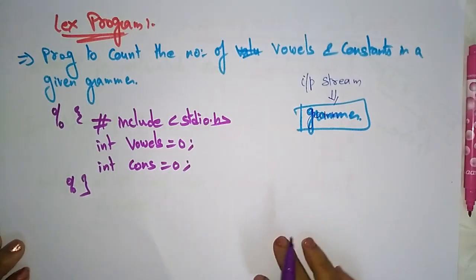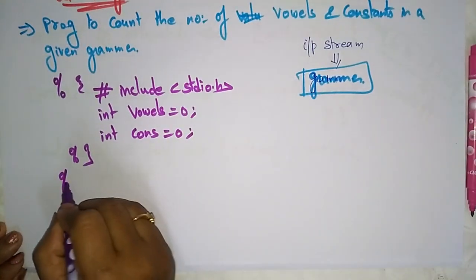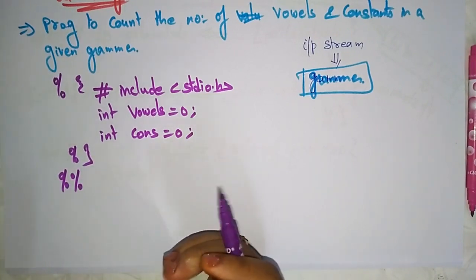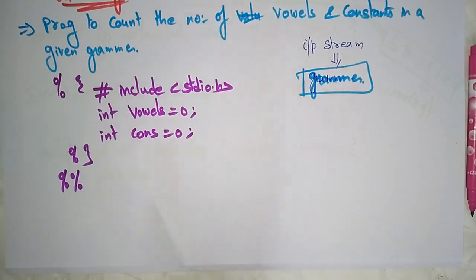So the declaration is over. After the declaration, there are the translation rules, which have to follow some pattern. Vowels means it should be A, E, I, O, U. Consonants means the 21 letters other than the vowels. That is the rule, the pattern, that has to be followed.